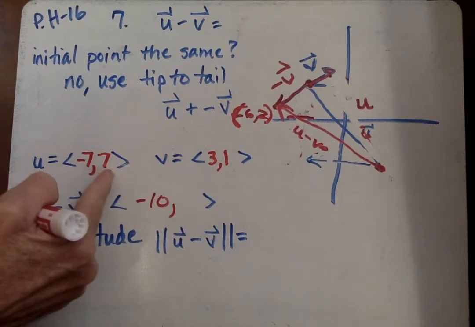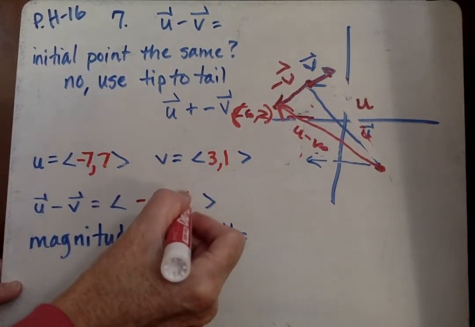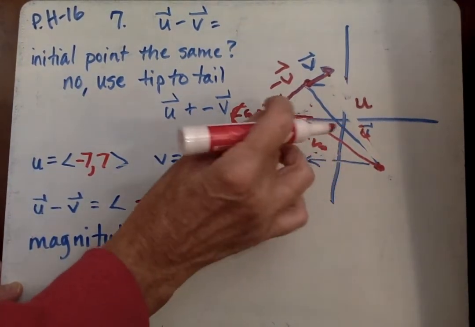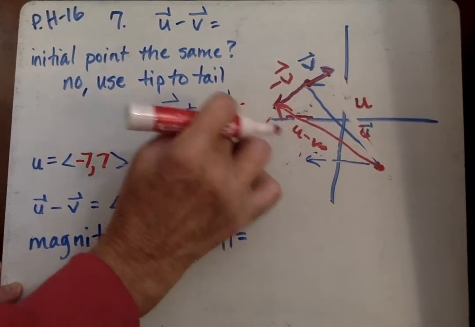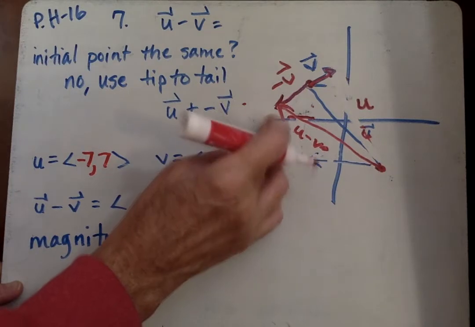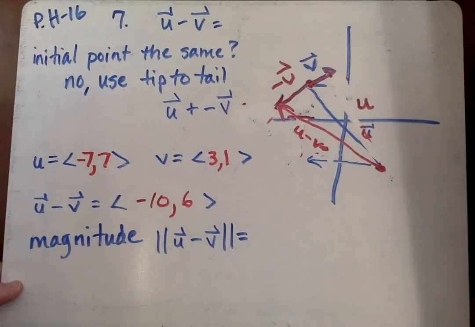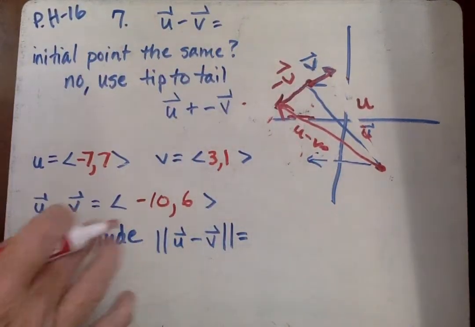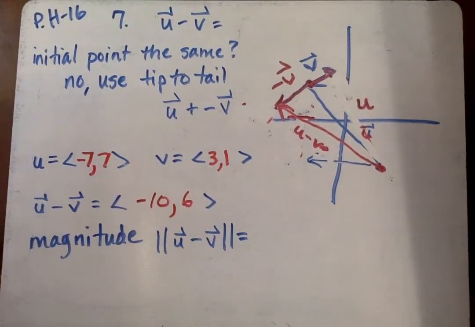And then 7 minus 1 will give you 6. So this point is actually going to be at negative 10 across and 6 up. And mine is not drawn to scale, so that's why it doesn't look like that.